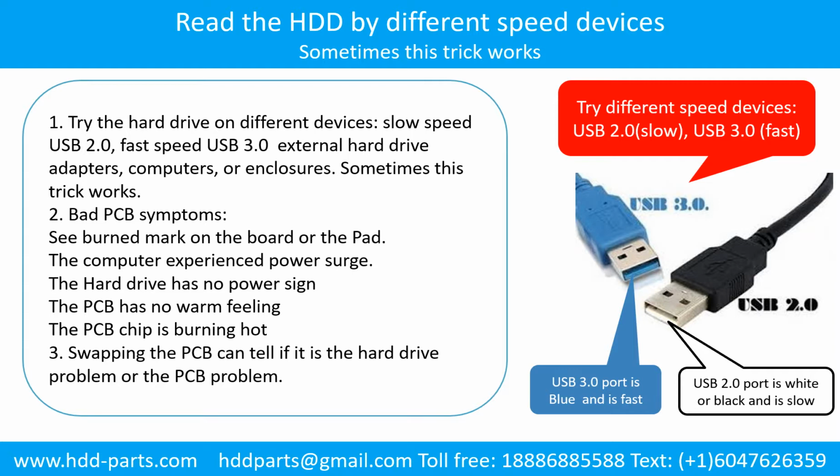Another way is swapping the hardware PCB board, which can fix the problem caused by the PCB board. There is a cost in swapping the PCB board, but it is way cheaper than sending the hard drive to a data recovery firm.